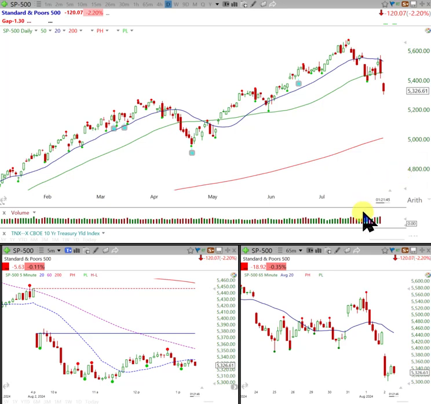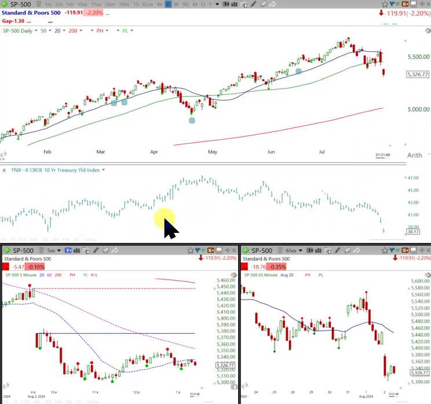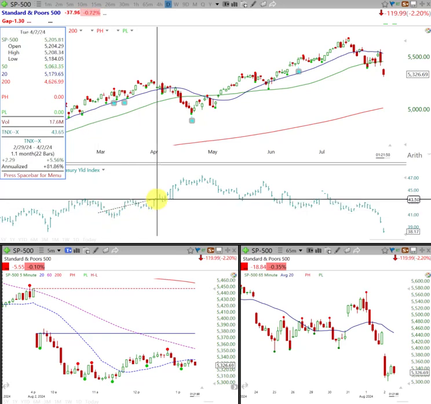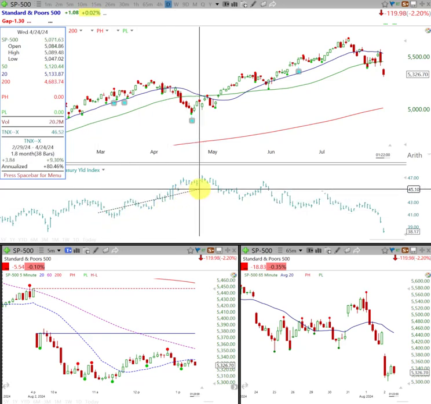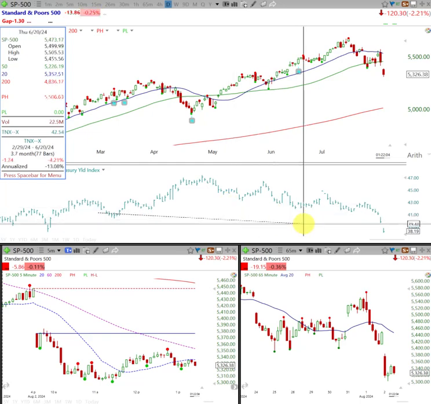Let's take a look at this. I wanted to point out how things change. Typically, when interest rates are going up, it puts pressure on the market. You can see here where it was flat, the markets were still able to rise. Then as interest rates went up, markets came down, and then as they started to roll over, you had that rally.